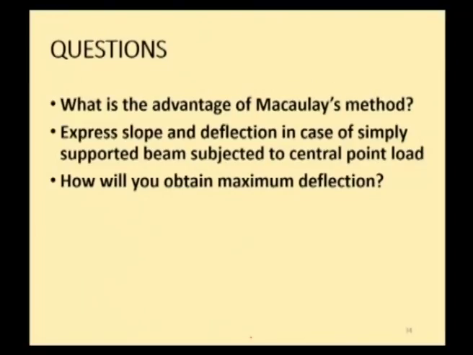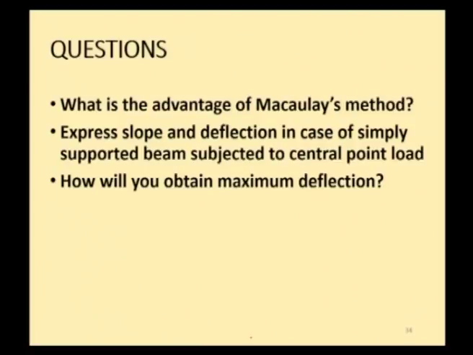Substituting the boundary conditions, the constants of integration are evaluated, and then the general equation for slope and deflection can be obtained, and slope and deflection at any required point can be found by substituting the appropriate x values. Next, questions: what is the advantage of Macaulay's method?